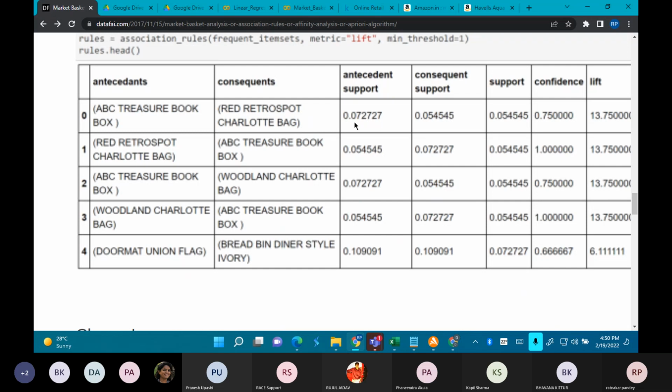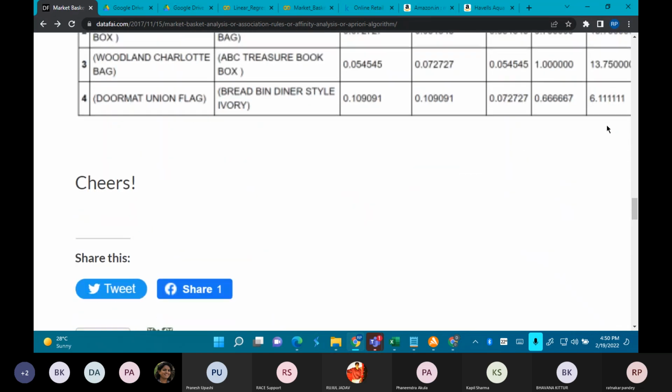So there are 7% transactions where this item was bought, 5% transactions where this item was bought, 5.5% transactions where both were bought together, and there's a 75% probability that if this is bought, then this will be bought as well. And the lift is a healthy looking 13.75. So there's a lot of complementariness in these two products, right? And these are the rules that we create. It's very simple, straightforward.